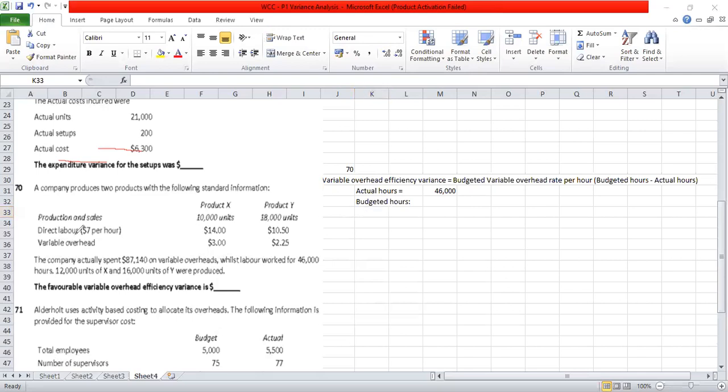The hint lies here. When the cost per unit is coming up to 14, this is calculated at $7 per hour. So how many hours were taken? The cost per unit is 14 and it is 10.5 here, but this was calculated at the rate of $7 per hour. So how many hours would that be?